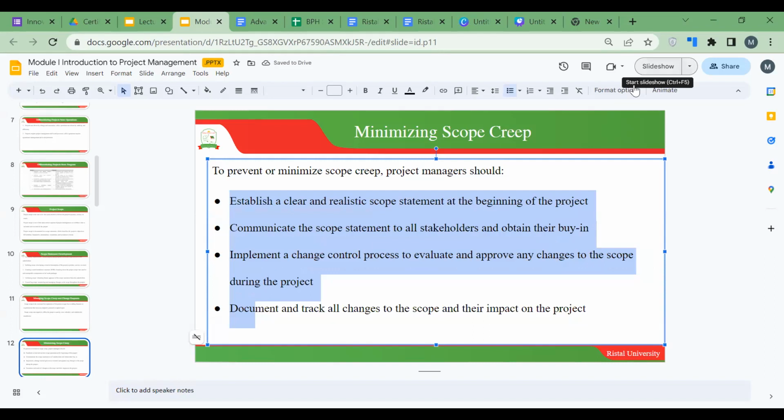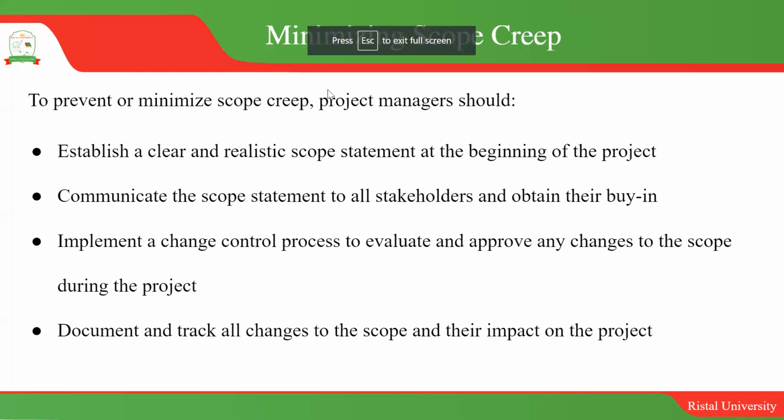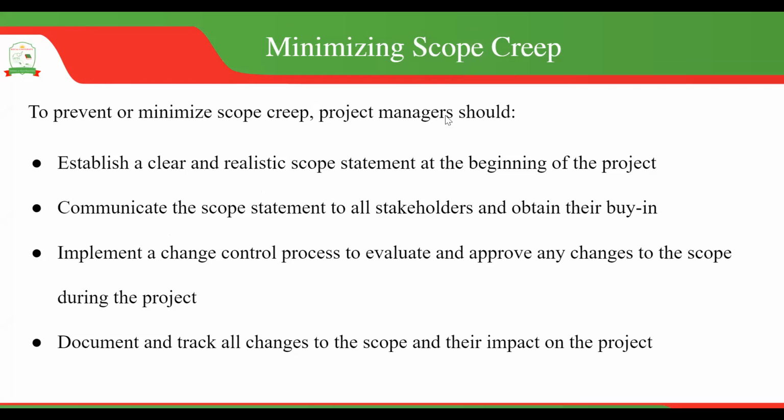Tracking means like you assess. You assess maybe, okay, you assess and you write down all changes that may have influence in the project, and you relate them with the project. The positive and the negative impact of them, and then you write.